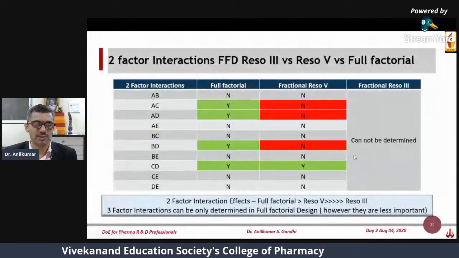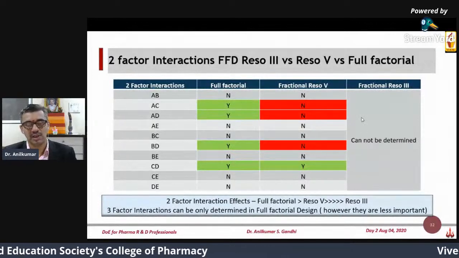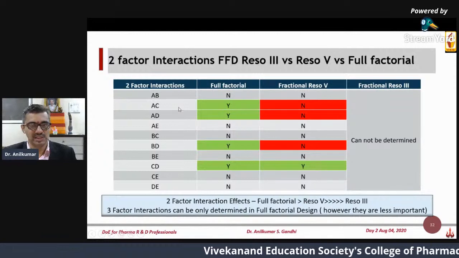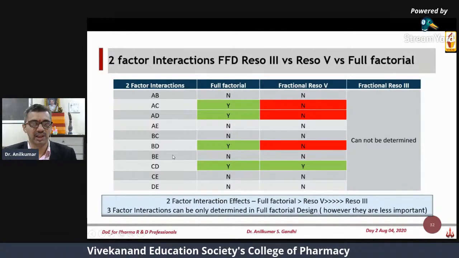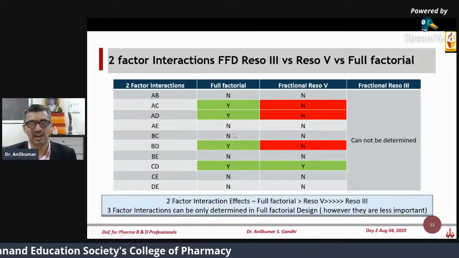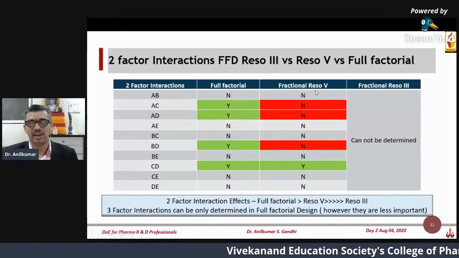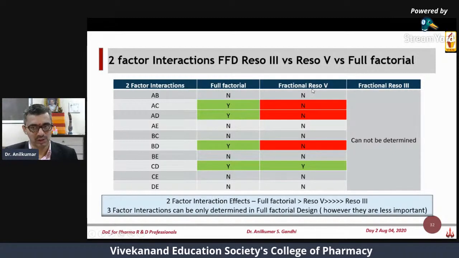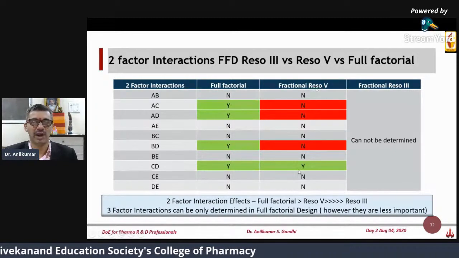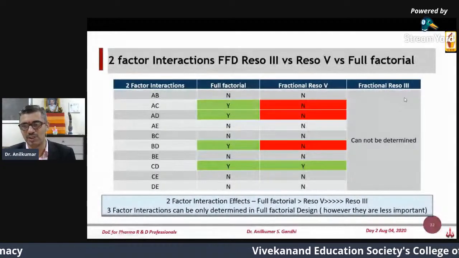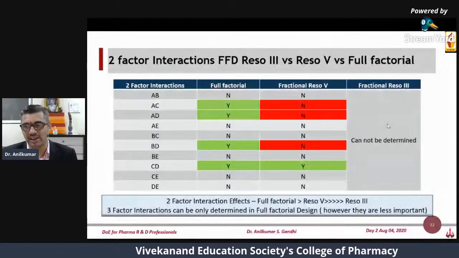Now let's see what happens to the two factor interactions. Now if you see 2 factor interactions, again you have these interactions like AC, AD, BD and CD. You are seeing these interactions here. In fractional factorial with resolution 5, you're seeing only one interaction, CD. And in fractional factorial with Reso 3, you don't determine any interactions.